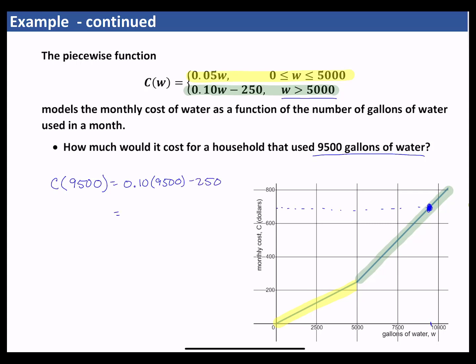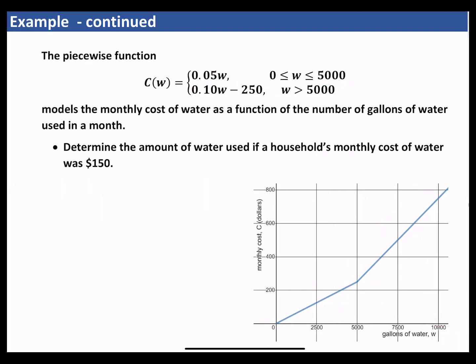And we see that we get $700, which looks about right based on the estimate in our graph. So in other words, it would cost $700 for a household that used 9,500 gallons of water.